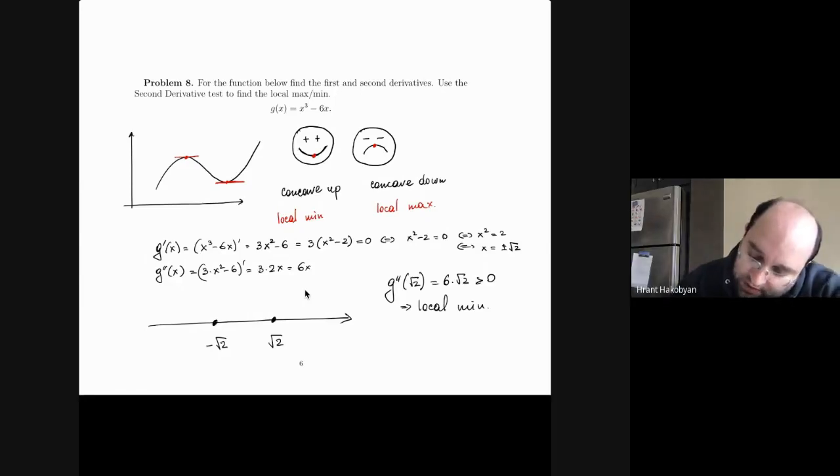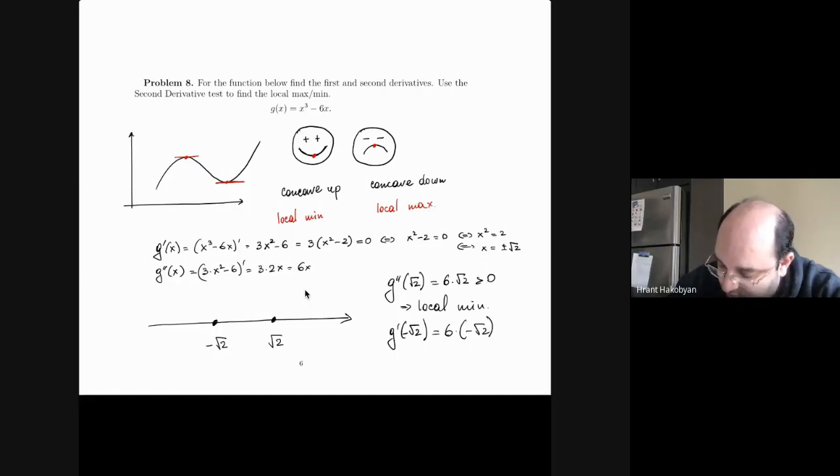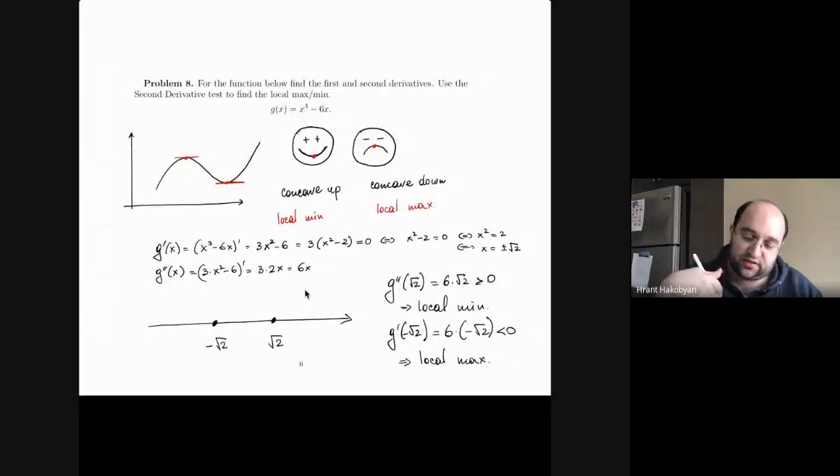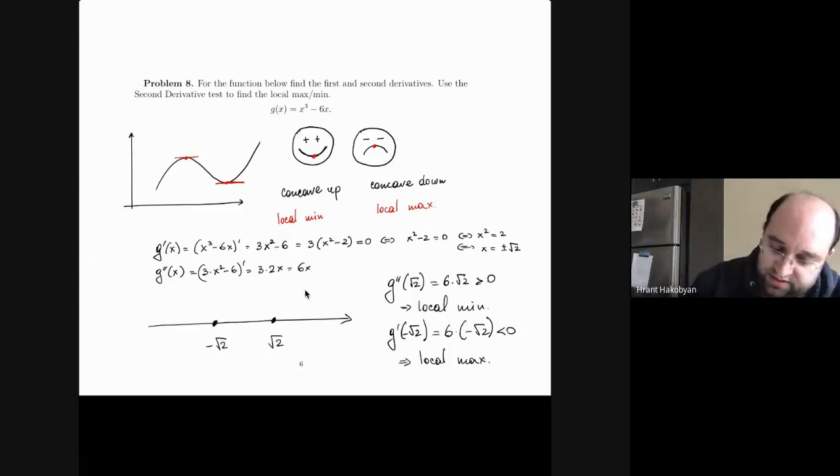If the second derivative is negative, that's x times negative root 2. That's negative. So I have a local maximum. Okay? So again, if you have a local maximum, that means the second derivative is negative, and local minimum means the second derivative is positive.